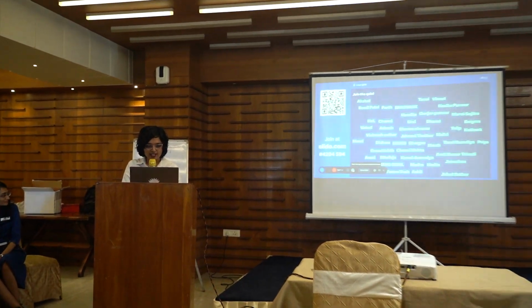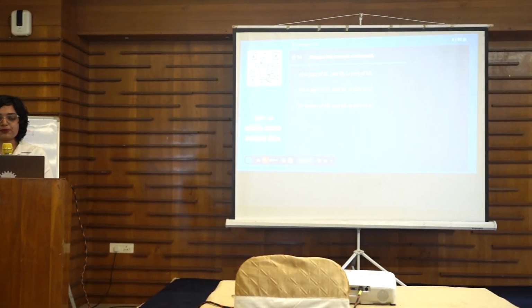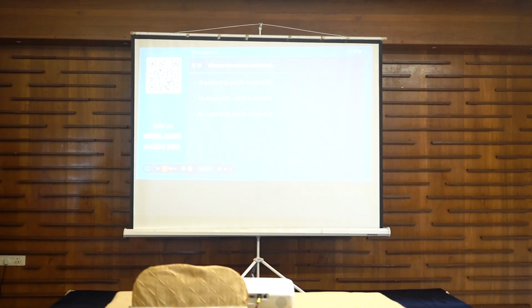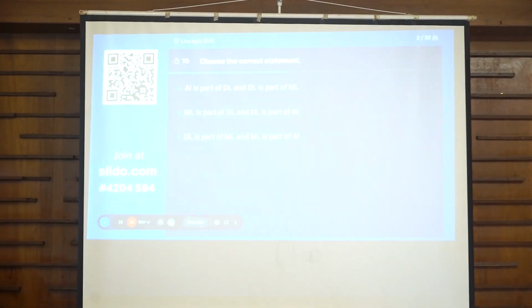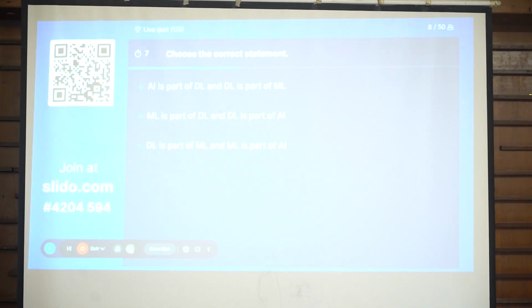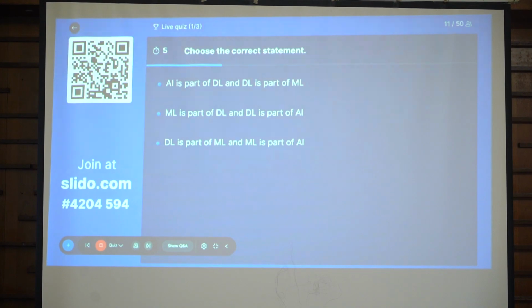Is anybody still joining, or should I start? Okay, let's go. The first question is, choose the correct statement. AI is part of deep learning and deep learning is part of ML. ML is part of deep learning and deep learning is part of AI. Or, basically the hierarchy, deep learning is part of ML and ML is part of AI. Which is the correct one? Six seconds to go.